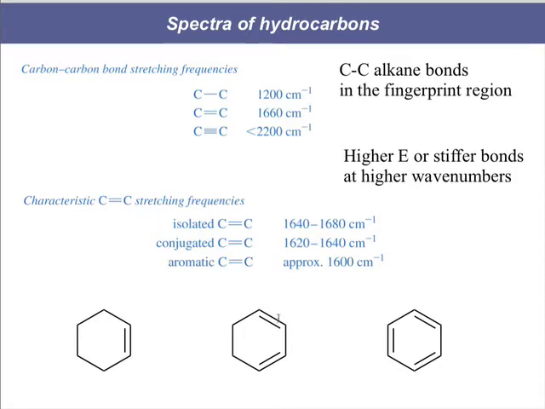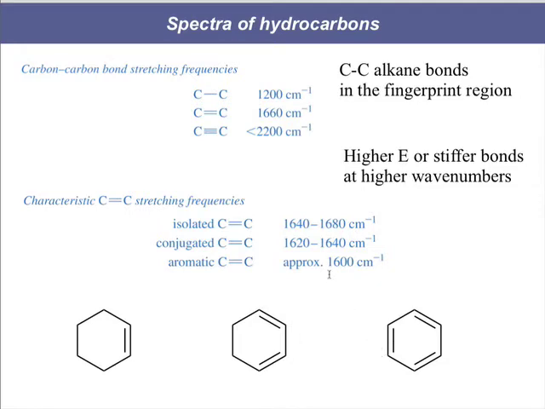These conjugated bonds are more single bond-like than the isolated double bond is, but they are not quite as single bond-like as the aromatic double bonds are. So keep that in mind. The more conjugated a system is, the more single bond-like its double bonds are, and so the lower frequency they will vibrate at.